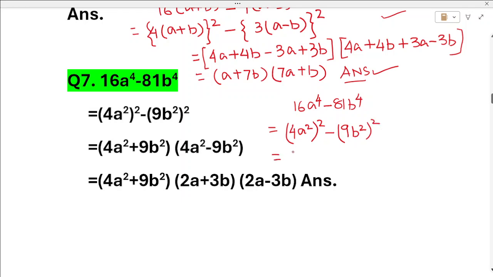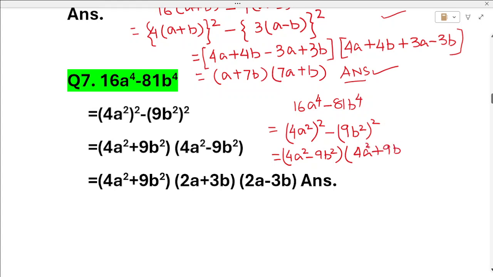Now we need to express it as the product of the sum and difference of these terms. So this is the difference term, and this is the sum term. Correct?